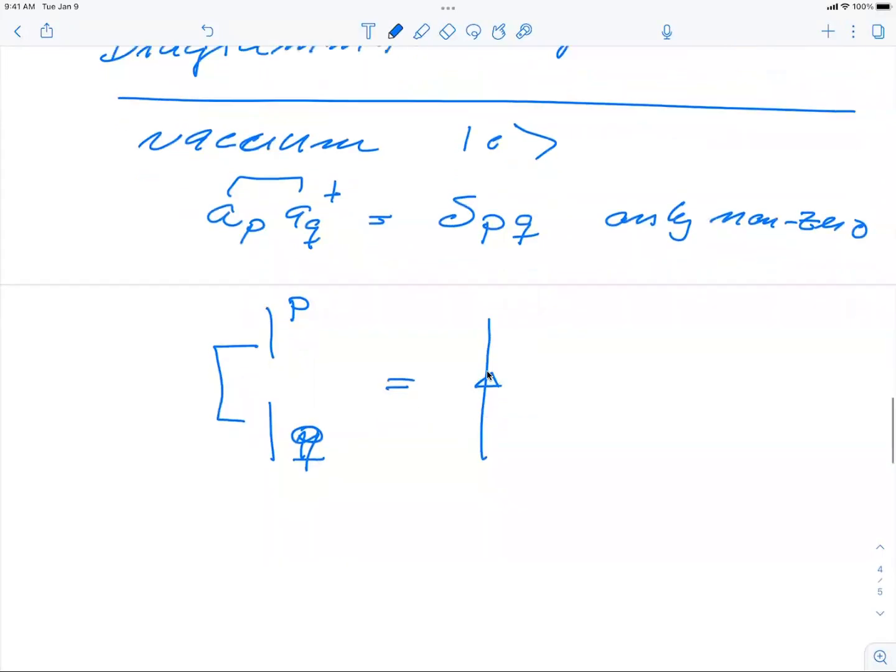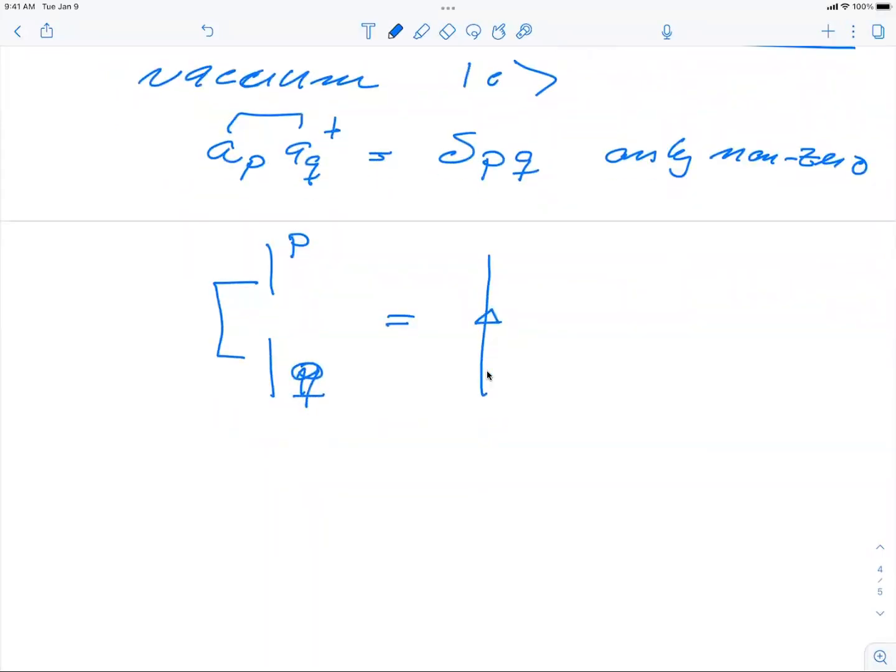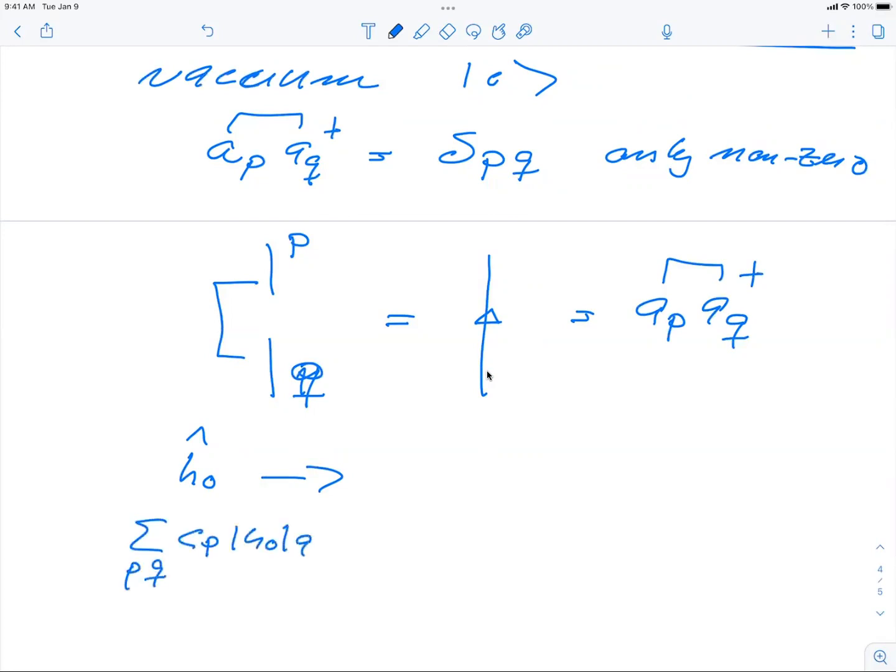What we also did was to label a one-body operator, this operator H0, that had a representation. So this is the same as this AP, AQ dagger, like that. A one-body operator H0, which was given by the sum over P and Q, with a matrix element H0 PQ of AP dagger AQ.